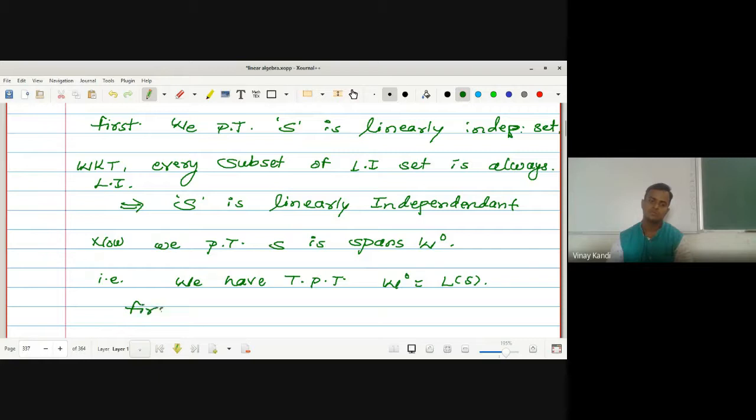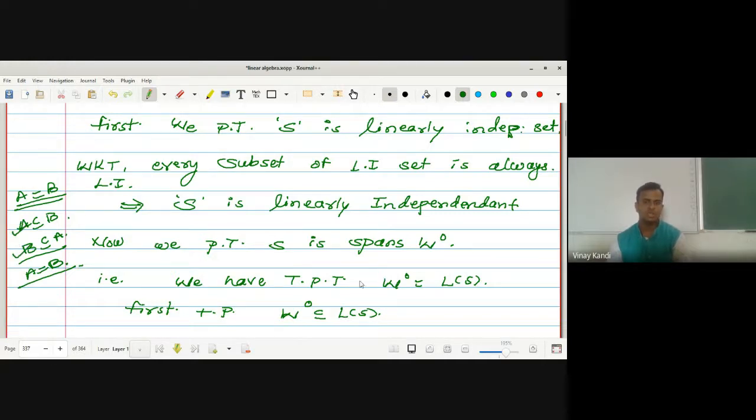First, I have to prove that the annihilator of W is contained in L of S. If we have to prove that A is equal to B, these two sets are equal, first prove A is contained in B, and then if you prove that B is contained in A, then A is equal to B. This is the method to show two sets are equal.